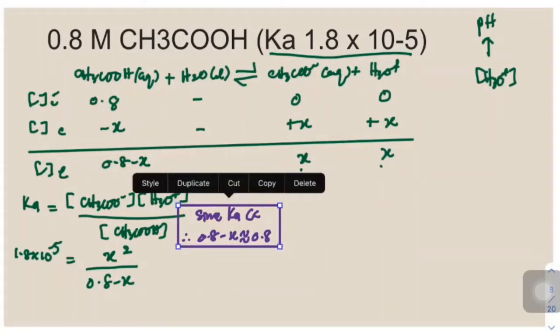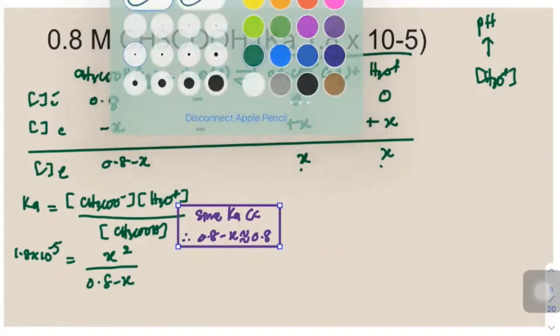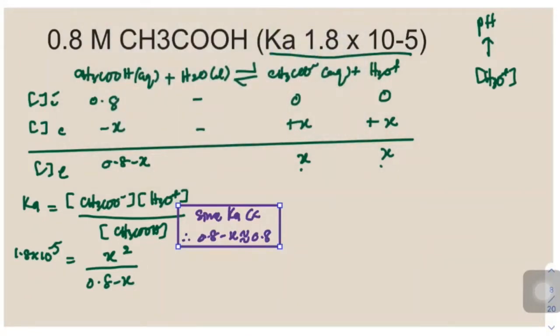After we write this assumption, then we can proceed with the calculation. So the calculation will proceed as 1.8 times 10 negative 5 is equal to X squared over 0.8 only. So we solve for X.